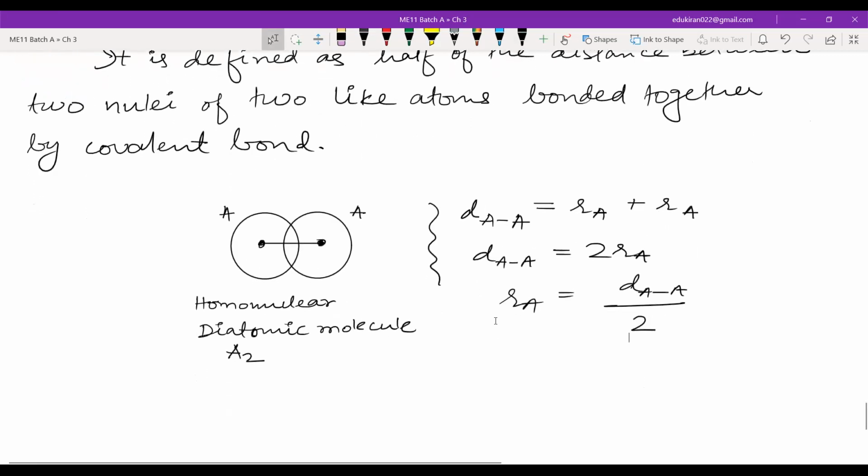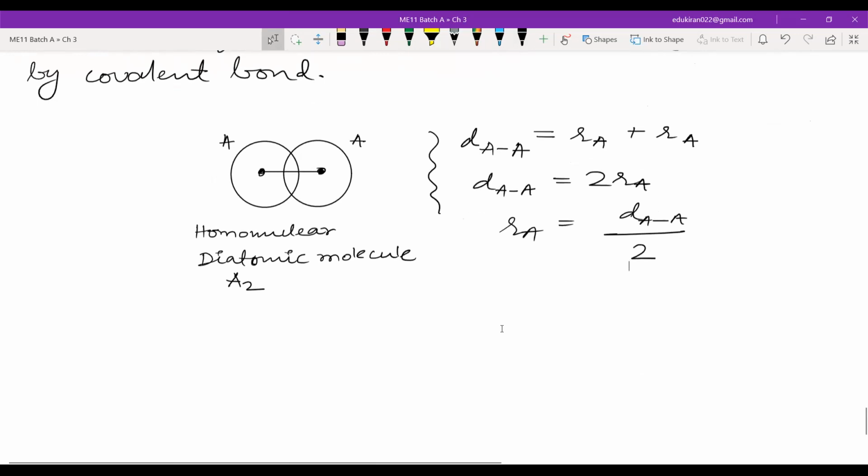For a covalent bond, it is the bond length divided by 2.